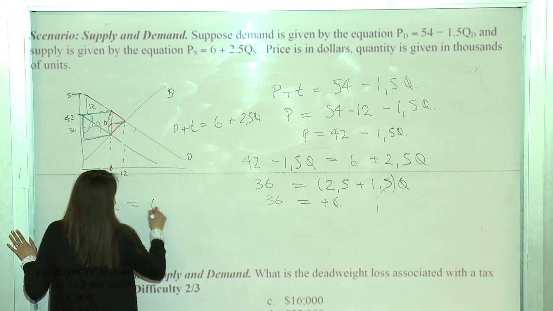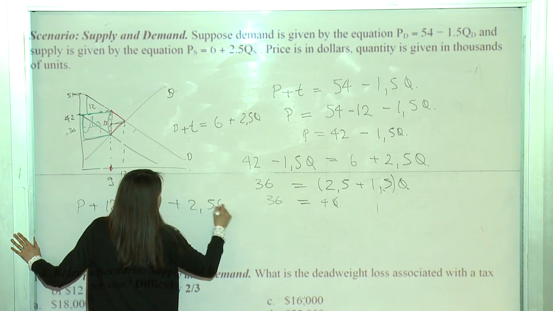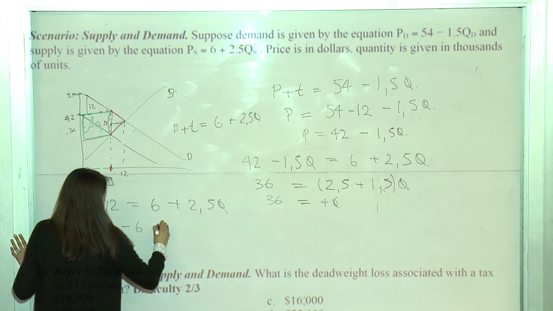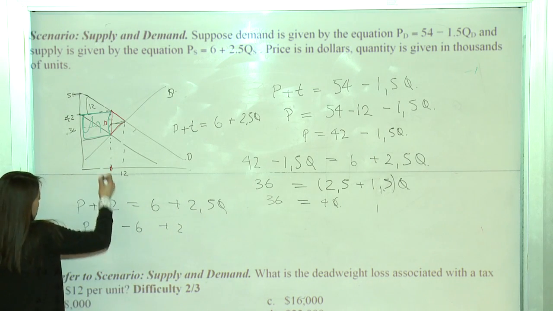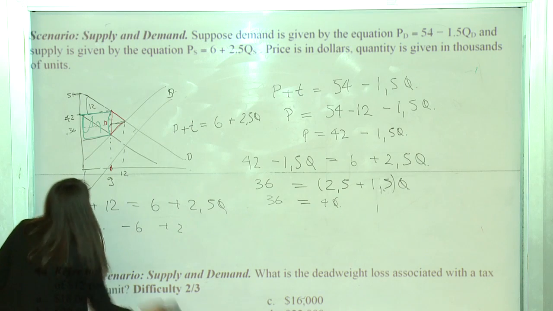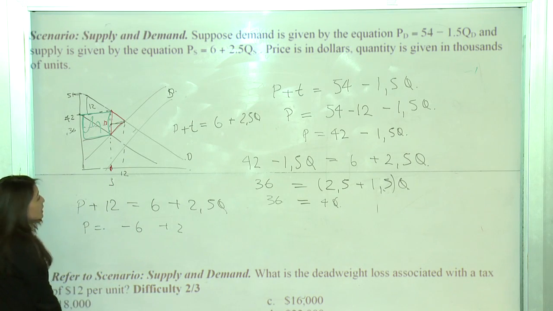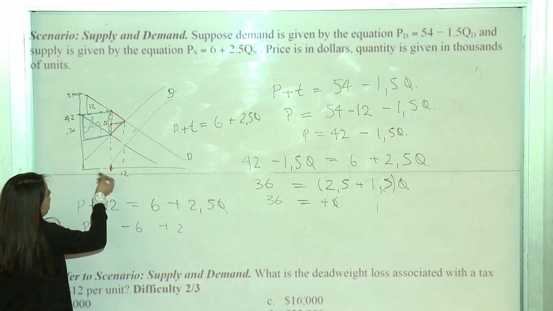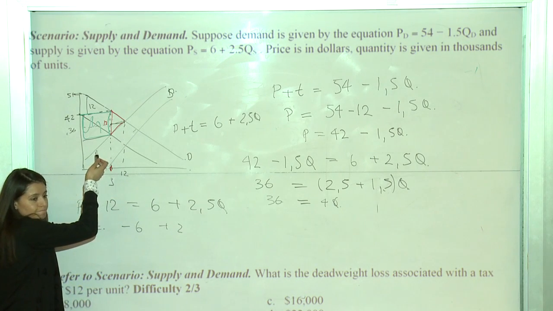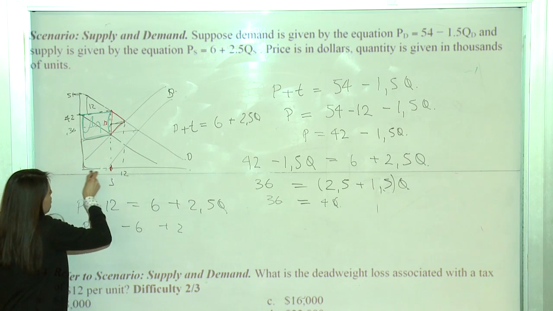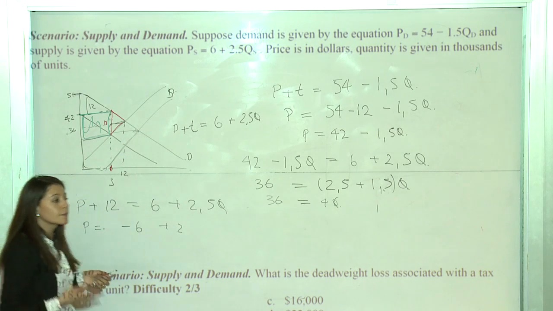Plus 12 equals 6 plus 2.5 Q. Yeah, so your supply function, minus 6 will be here. Your supply function would look like this, right? But it doesn't matter because you only care about this part, right? So this will give you a very weird producer surplus because it will be like a trapezoid like this, okay?